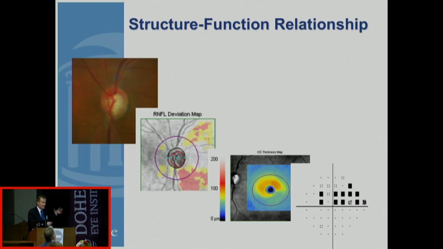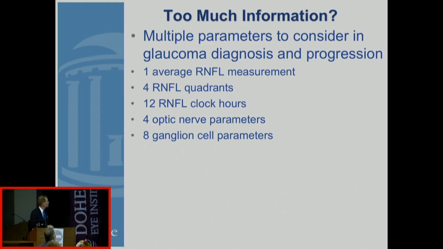And as Ted said, it's incredibly useful when the structure function relationship lines up all in a row. And I think our certainty that someone has glaucoma increases as there's that structure function correlation. But unfortunately, that's not always the case.